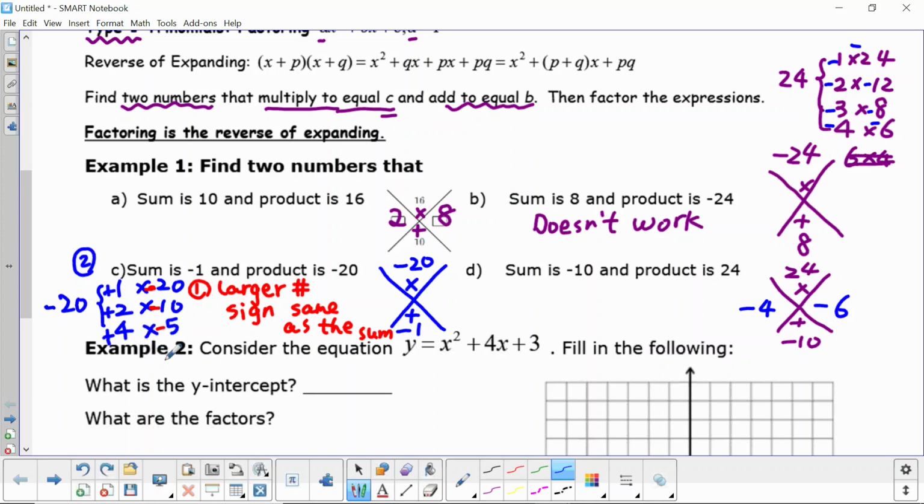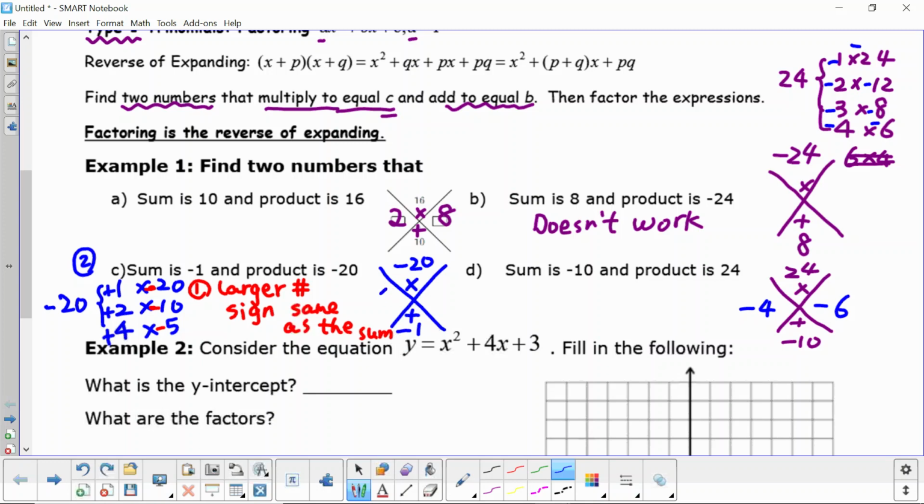And after that, we are going to see which pair has a sum of negative 1. 1 plus negative 20 gives you negative 19. It's not negative 1. 2 plus negative 10 gives you negative 8, not negative 1. 4 plus negative 5 is negative 1.